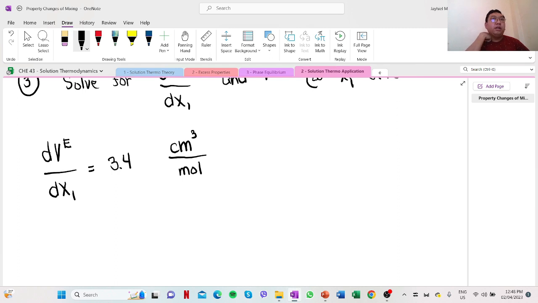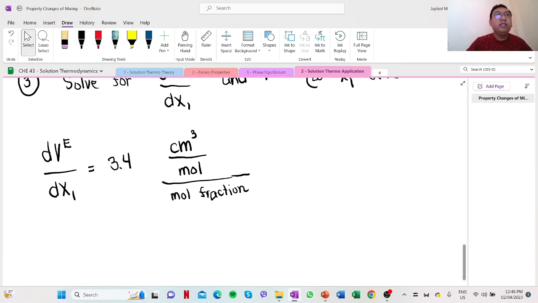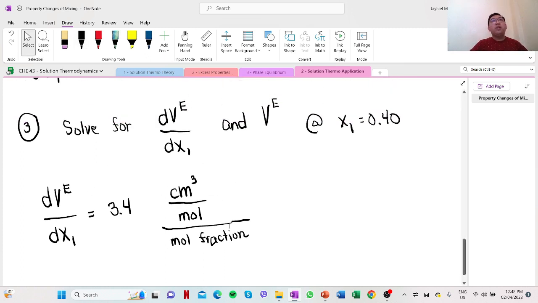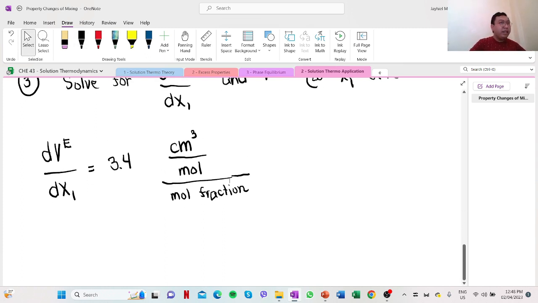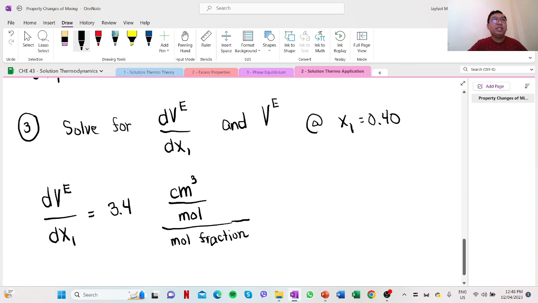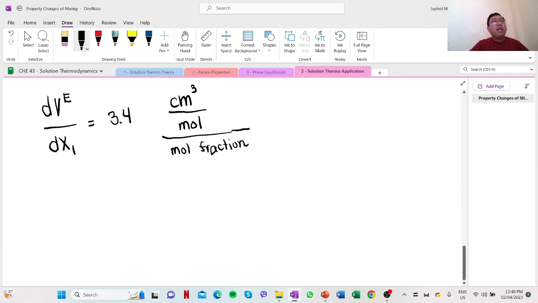I think this is per mole fraction, but it actually doesn't matter because the mole fraction is not really that relevant. But if you study absorption processes, you will find out that they make use of the unit mole fraction as a unit.